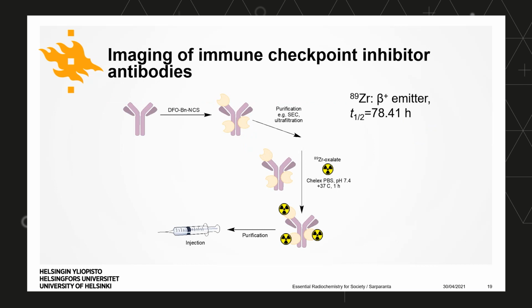Then the antibody can subsequently be radiolabeled with zirconium-89, which is a positron emitter with a very appropriate physical half-life, matching the biological half-life of monoclonal antibodies, at high yield within 1 hour at plus 37 degrees.